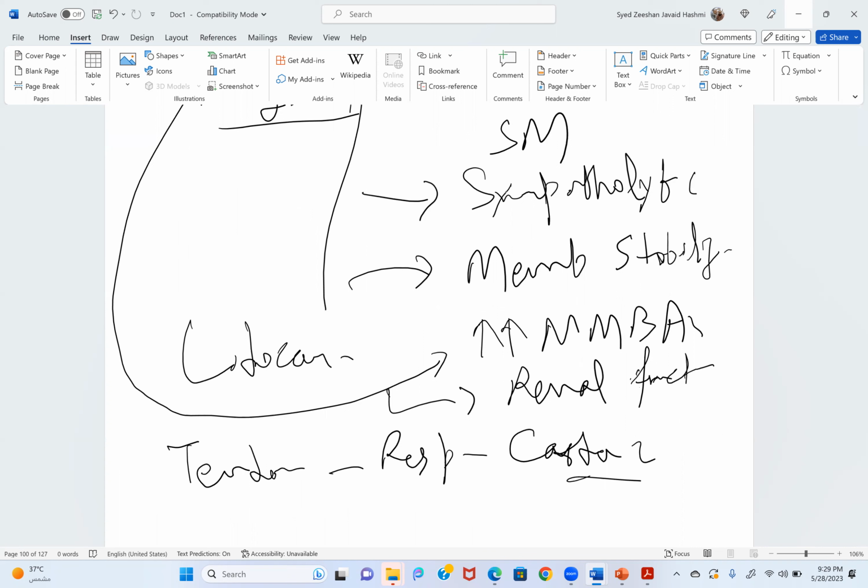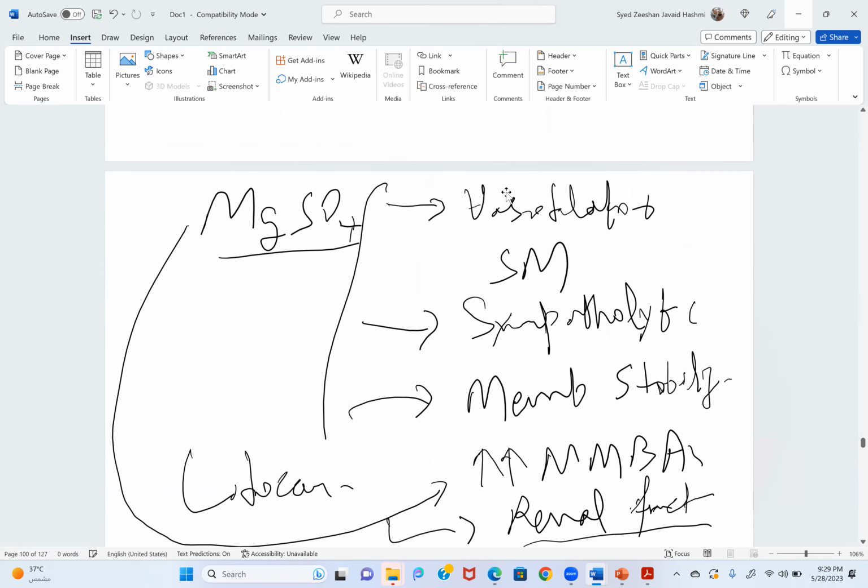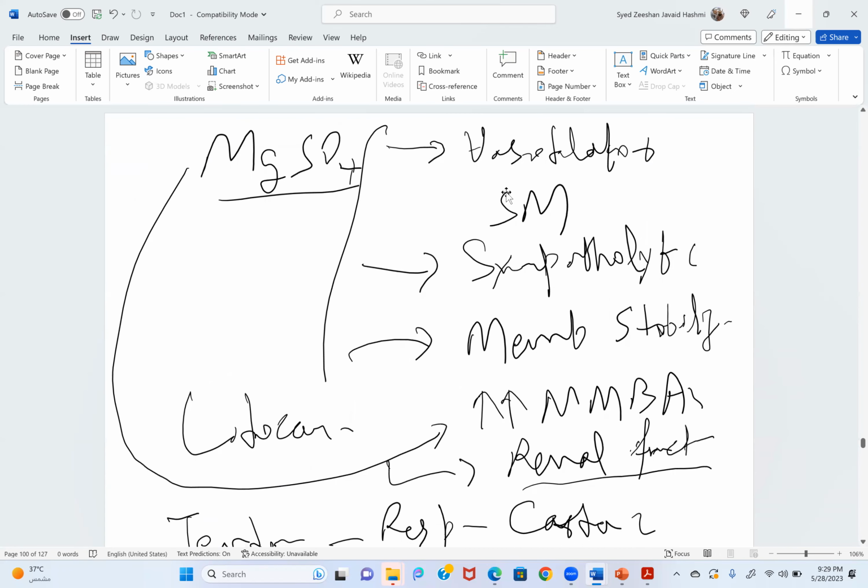Okay, so you should not use magnesium sulfate if there is no urine output. It can create toxicity. Okay, and again, the dose will be around 10 to 15 milligram per kg per hour, I think. Because I don't remember, I don't have personal experience, but people are using magnesium sulfate just like lidocaine infusion.